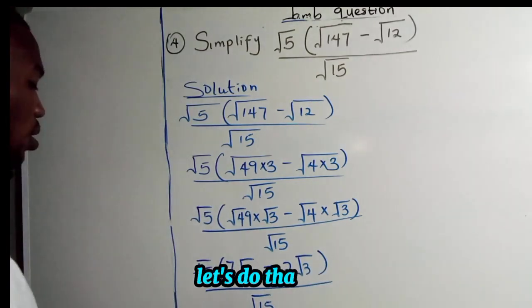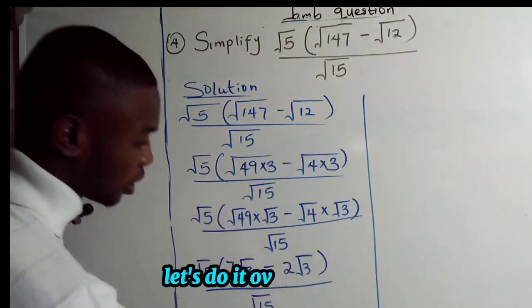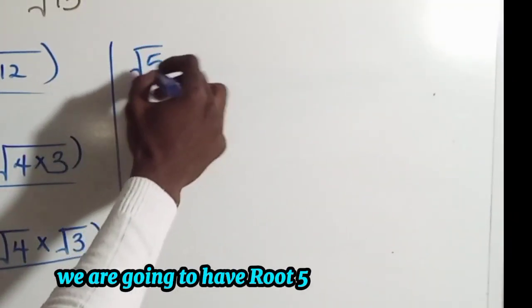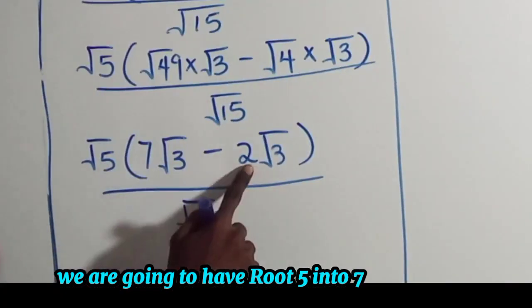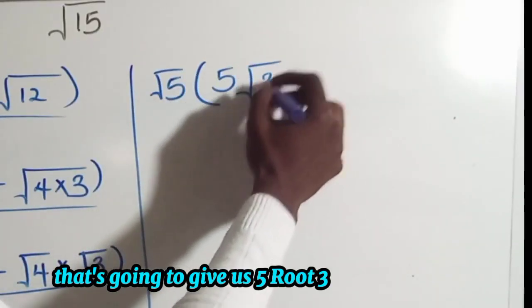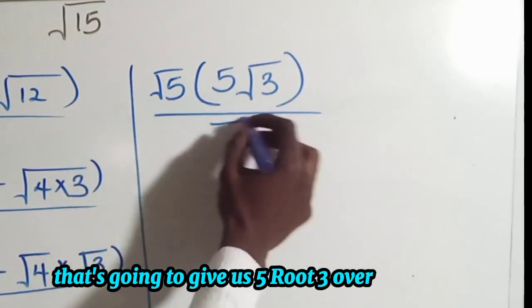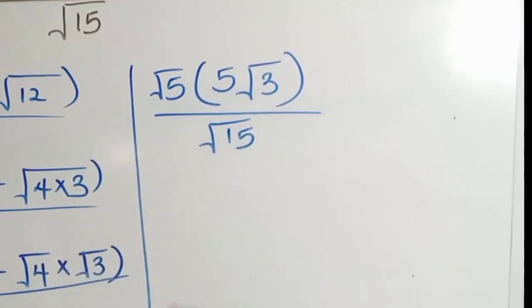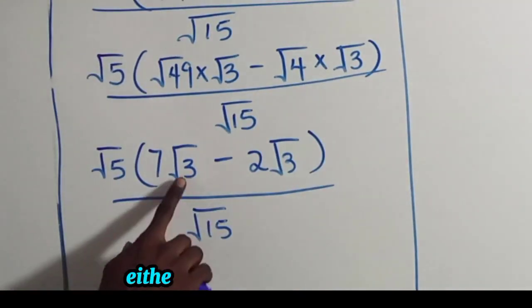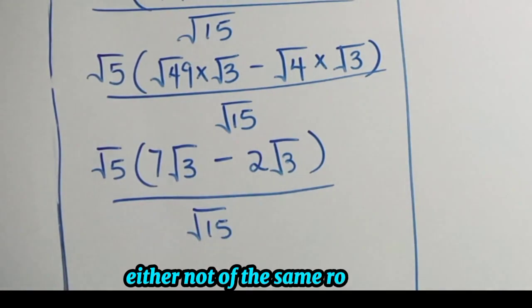So let's do that. We are going to have root 5 into 7 minus 2. That's going to give us 5 root 3 over root 15. Remember, I told you that they can be subtracted or added only if they are of the same root.